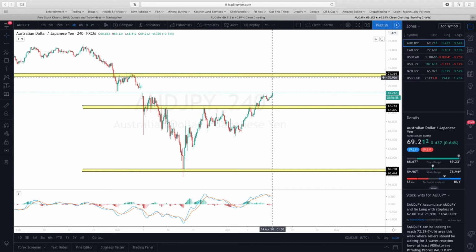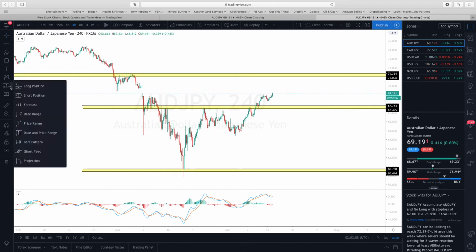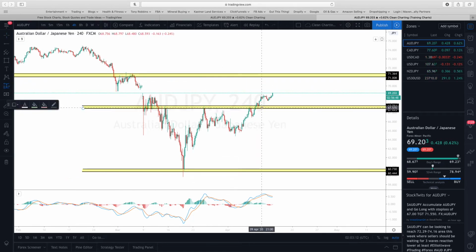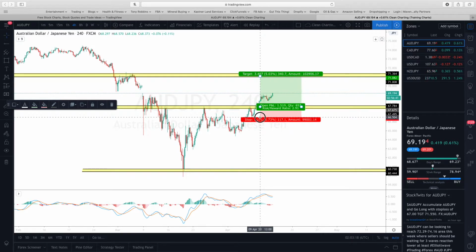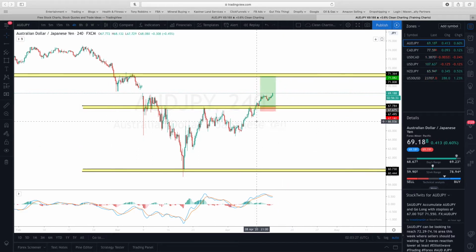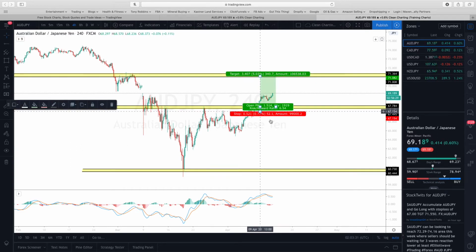This way, as price has continued to break, retest, and push higher, I'm looking for this area to be a possible area for a take profit if I were to have taken this trade. If I would have taken this trade on the break and retest, I would have had an entry somewhere in this zone, and I would have put my stop loss below the previous low if you really wanted to, or just slightly below the zone, whatever your trading plan says, and probably below this low right here, maybe 50 pips or whatever.